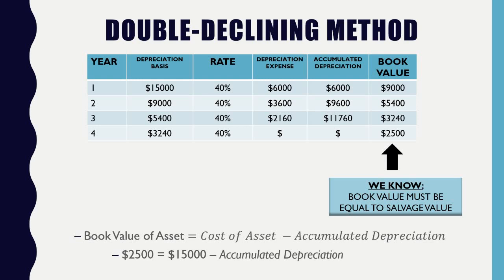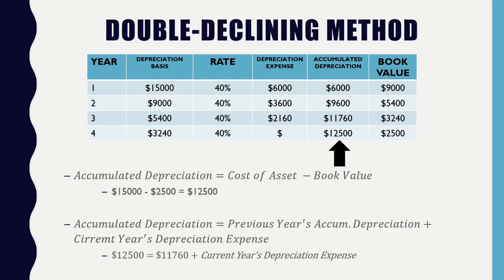So if that's the case, you're going to have to work backwards to the point where you're solving for this. So right here, the accumulated depreciation is going to be, if you take the book value, we know what book value is, and we know what the asset cost is. So we're taking the formula to solve for book value and converting it so we're able to solve for the rest of the table.